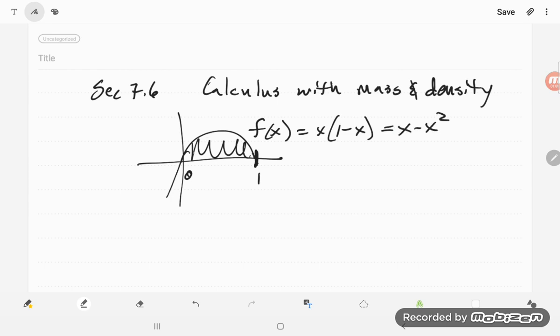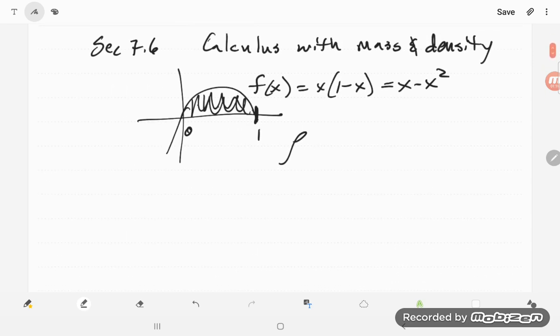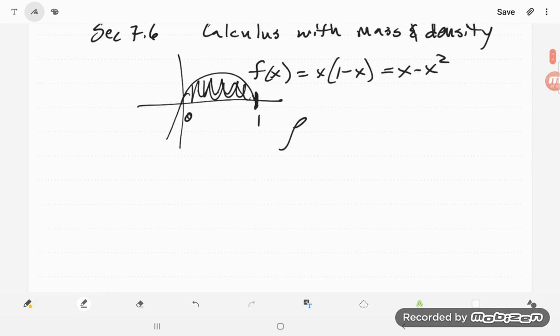And so if I want to find the mass of this, if the density is constant, which is mostly what they seem to deal with here, they just go with a constant density. So I need that rho times the area.